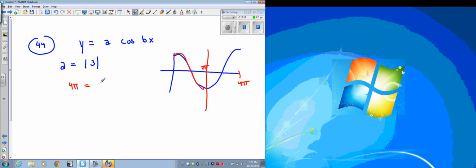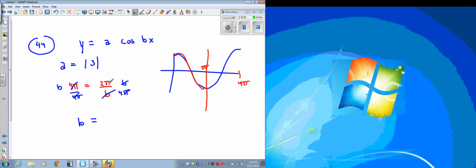So then I say 4 pi, and now I want to calculate what b is. Well, this is the general formula for the period, right? 2 pi over b. But that's actually 4 pi. So to solve for b, I'm going to multiply both sides by b, correct? And then divide both sides by 4 pi. So then this goes out, and I have b by itself on this side.